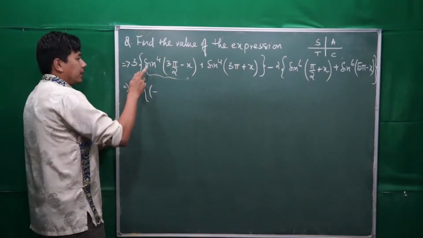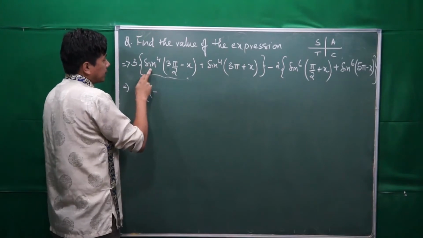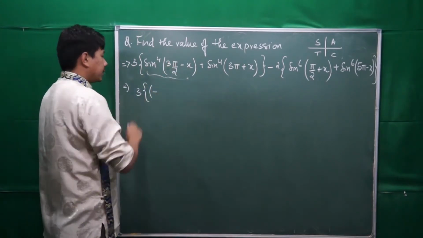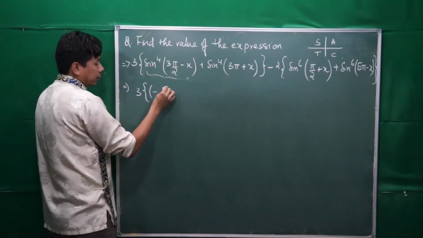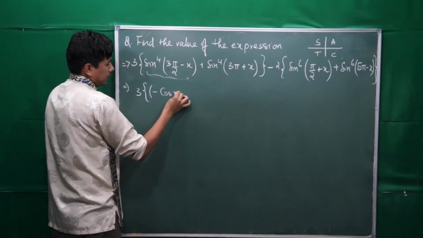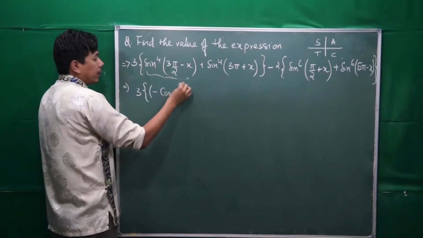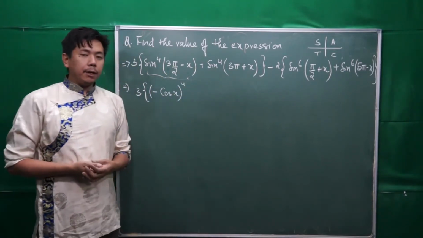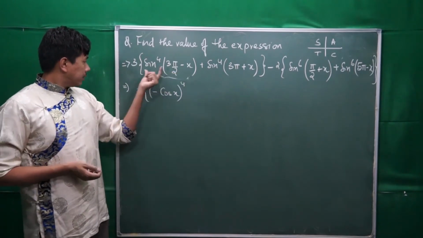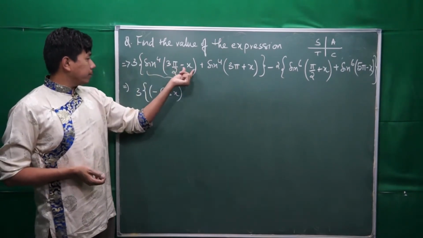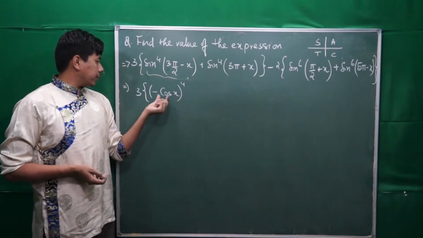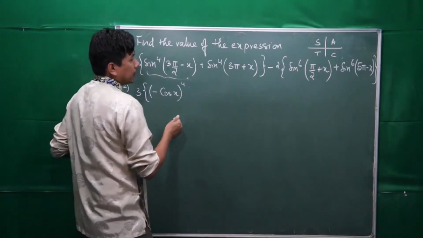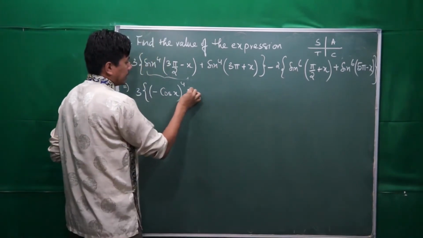Now, this is an odd multiple of pi by 2 minus x, so sine converts into cos. Clear? Alright. So sine to the power 4 (3 pi by 2 minus x) gets converted into minus cos x to the power 4.